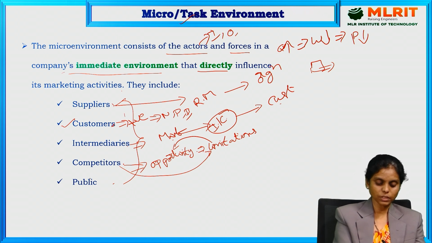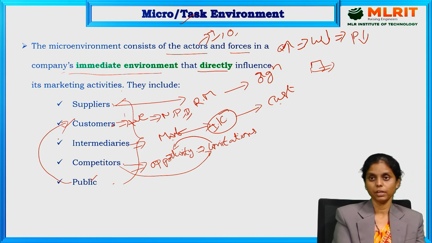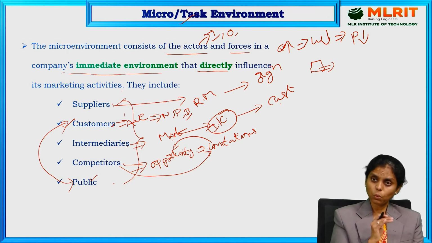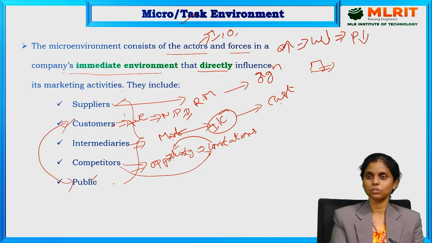And the last one that we have is public support. Now, what is the difference between public and customers? Customers are those people who are using our product, but the public are those people who might not have the need of our product, or who are not using our product. All such people are considered the public. Does the public influence marketing decisions? Yes.